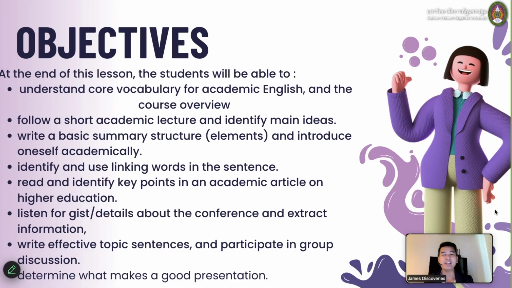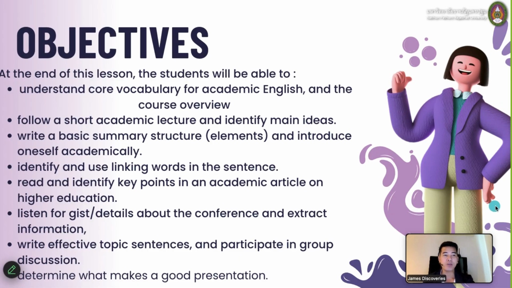Identify and use linking words in sentences, and read and identify key points in an academic article on higher education. Listen for gist or details about a conference and extract information by answering questions. Write effective topic sentences, participate in group discussion, and determine what makes a good presentation. Let's start now.